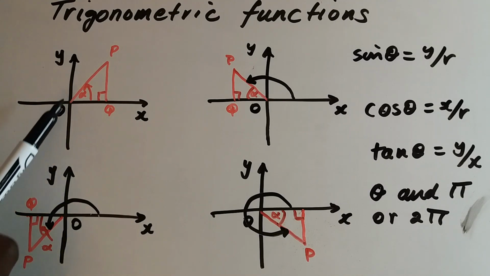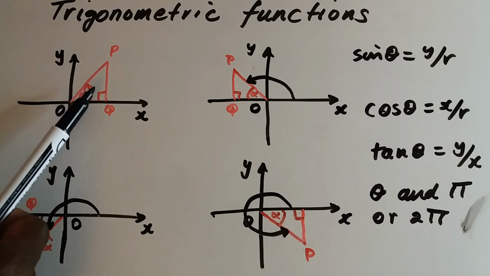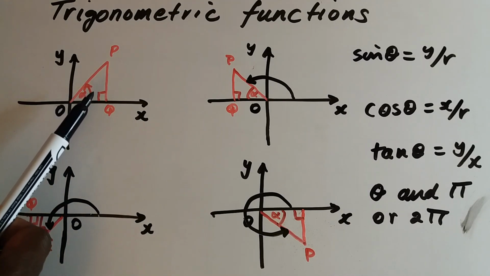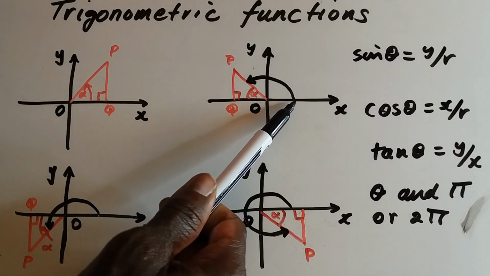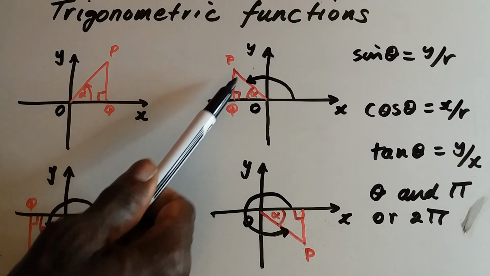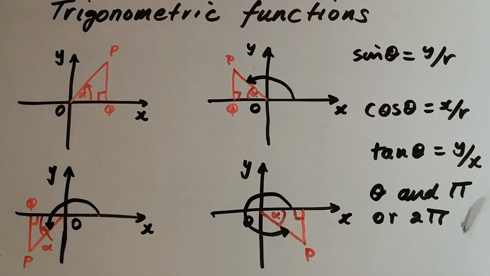So theta is always the angle by which OP is rotated, here from the positive x-axis to this point, and so on. And then we defined alpha as the acute angle associated with theta.